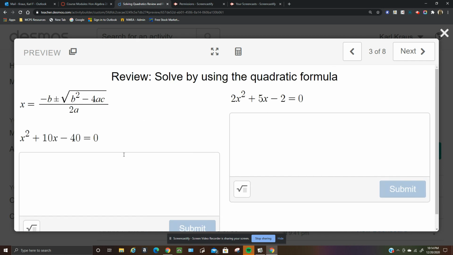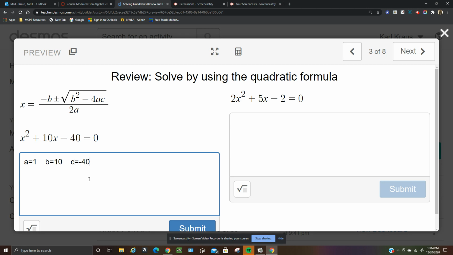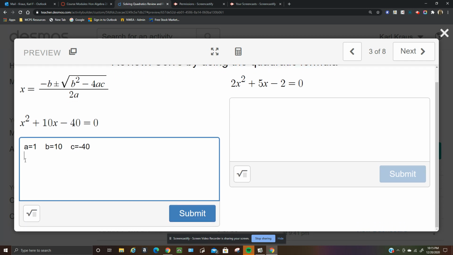And then finally, slide 3 is solve by the quadratic formula. The first equation, a equals 1, b equals 10, c equals negative 40. Plug it into the quadratic formula.